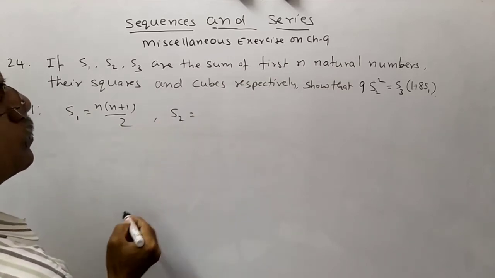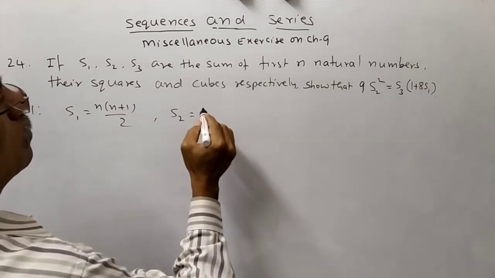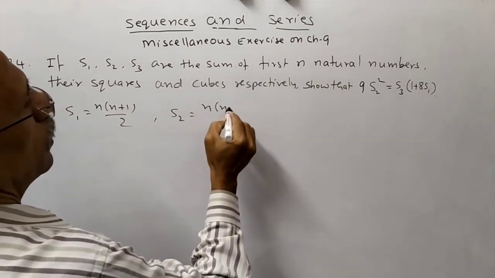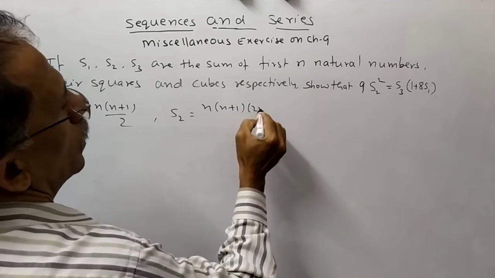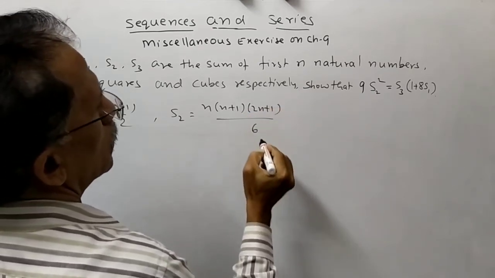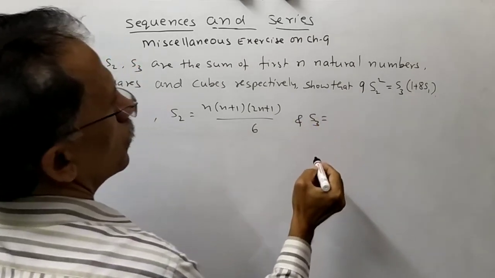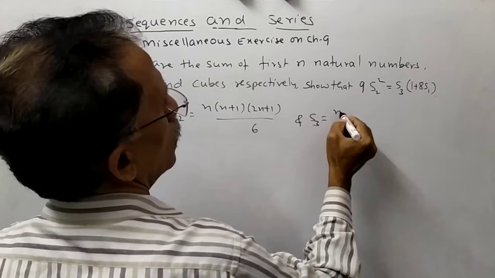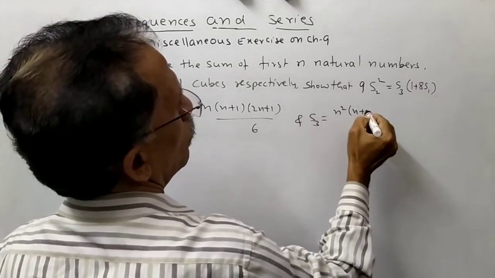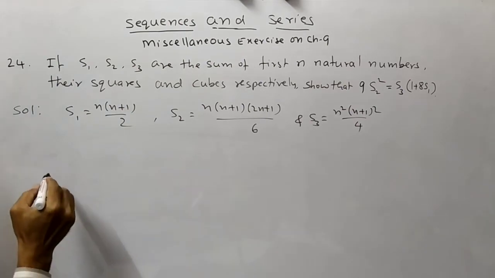S2 is equal to sum of squares of n natural numbers, that is n into n plus 1 into 2n plus 1 divided by 6, and S3 is equal to n square into n plus 1 whole square divided by 4.